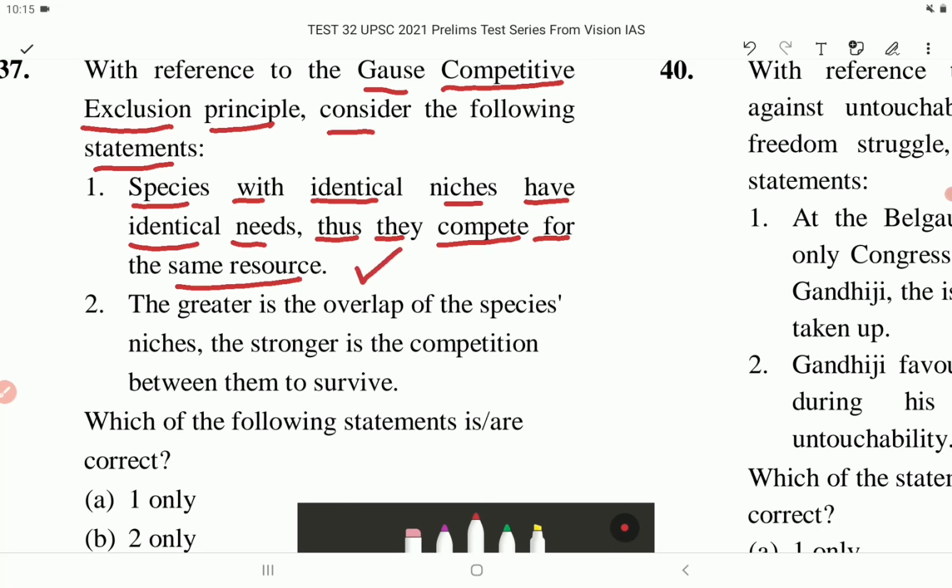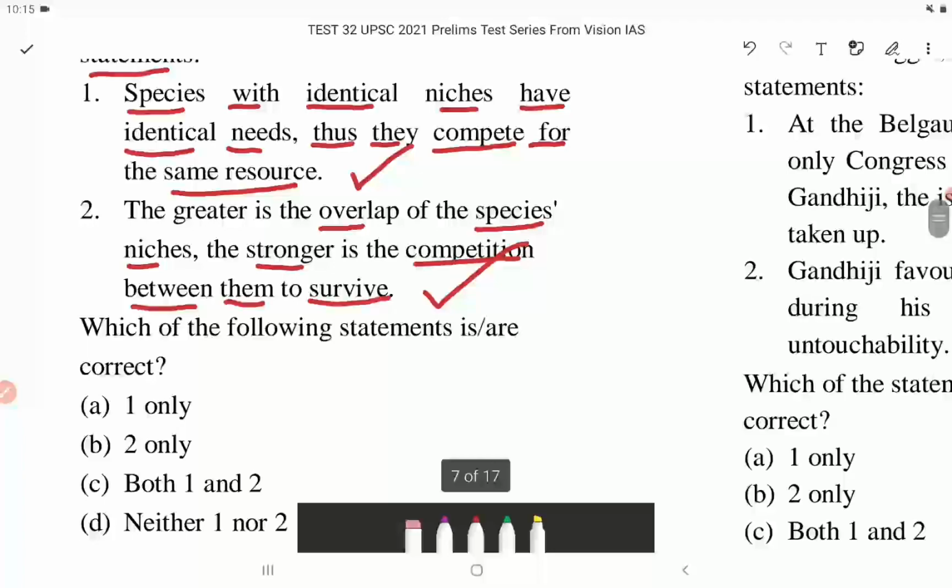This is correct. Statement 2. The greater the overlap of the species niches, the stronger the competition between them to survive. This is correct. Which of the statements given above is or are correct? The correct answer is option C, that is both 1 and 2.